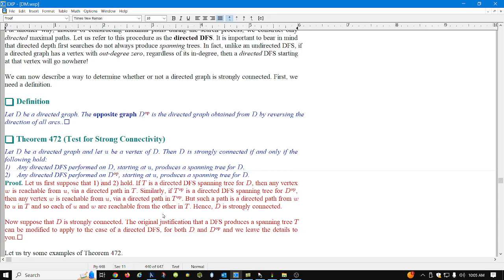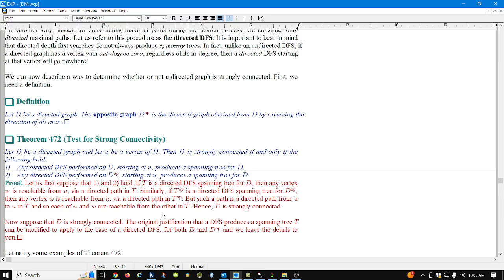So there's a path from U to W in T op. But that's the same as a path from W to U in T. You reverse the arrows. So each of U and W, U being the initial vertex, W being any vertex, is reachable from the other. And that implies that D is strongly connected.